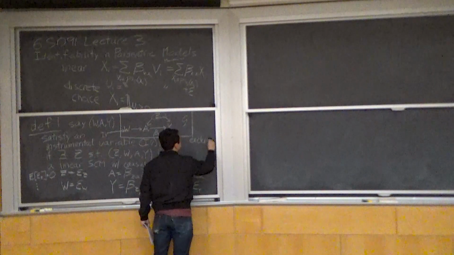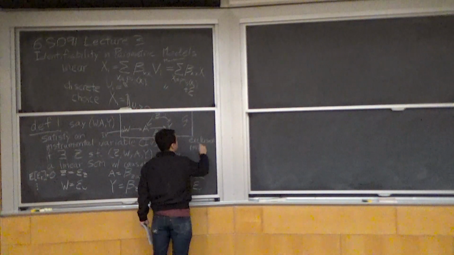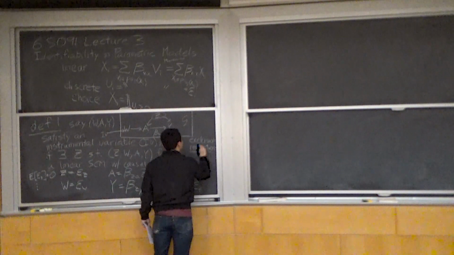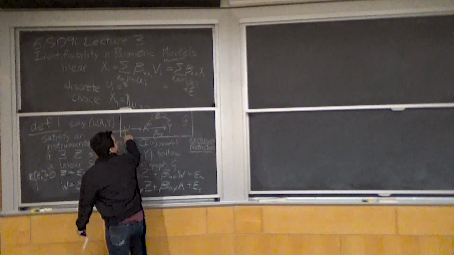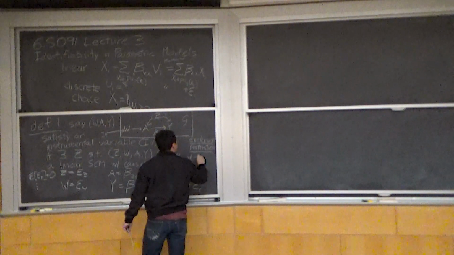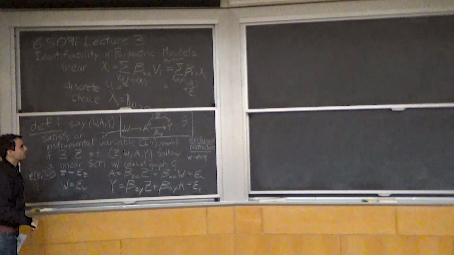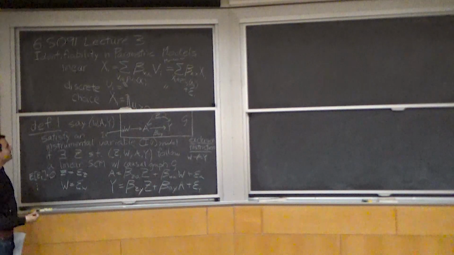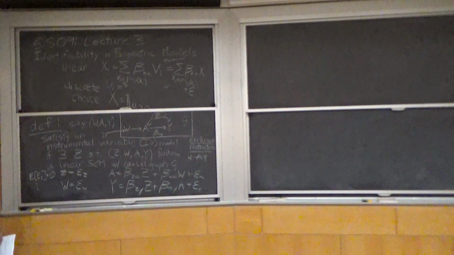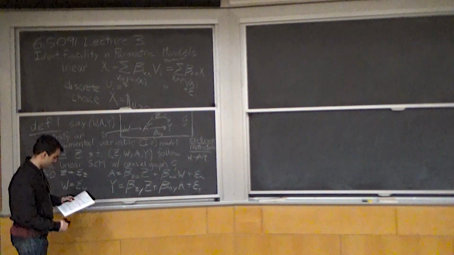This is saying that there is no direct edge from W to Y. So you'll see that various different ways, but we'll use it accordingly this way. So this is the model that we have in mind when we're talking about instrumental variables, at least in the linear setting.